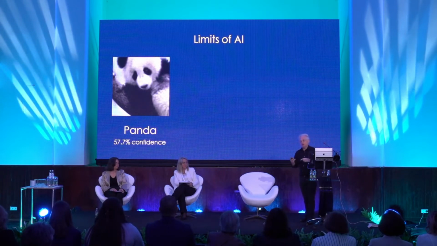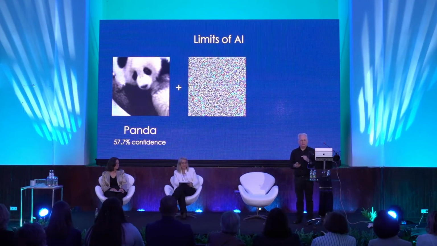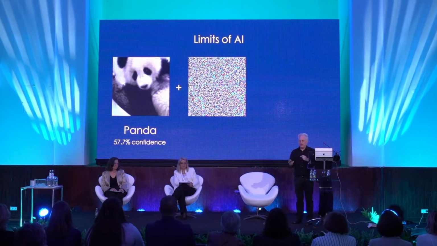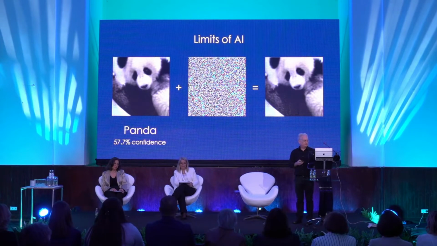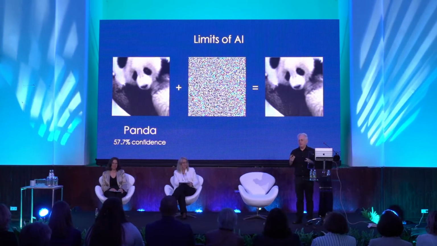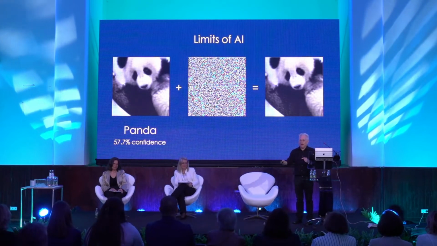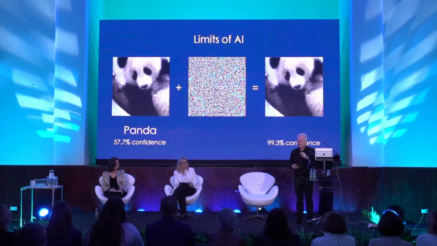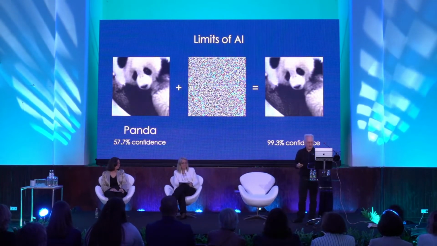Okay, so then what do we do? If we add this noise to that picture, merge those 2 together, we get that. So what do you see? You're seeing a panda, right? We're humans. We know that's a panda. And now, fantastically, the AI is almost 100% confident.